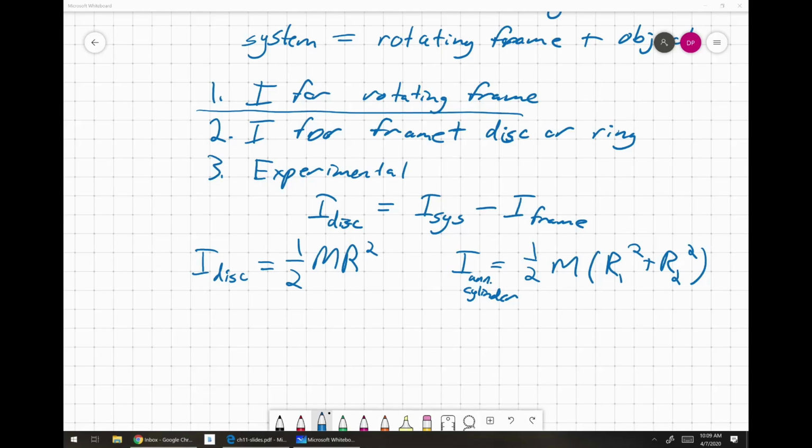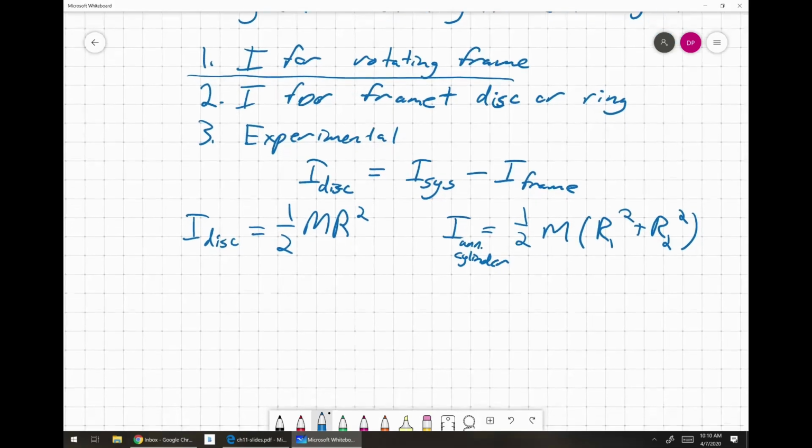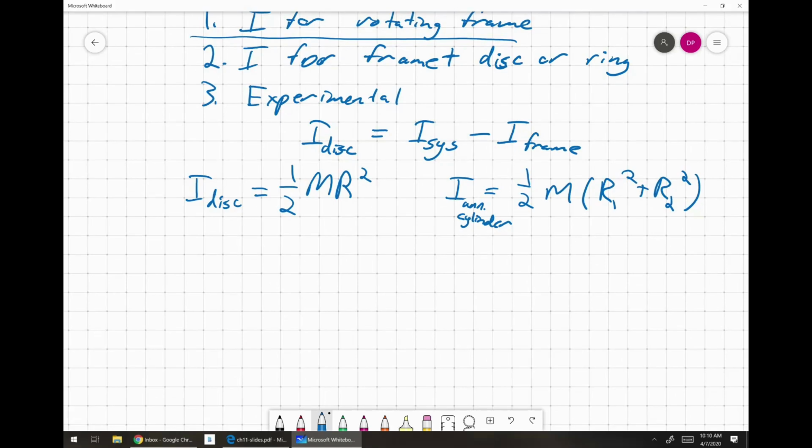So once you have your experimental values and your theoretical values from all the data that you are given, you can calculate the percent differences, and things should work out pretty well. I will tell you that for the disk, I was able to get a percent difference of around 1%.